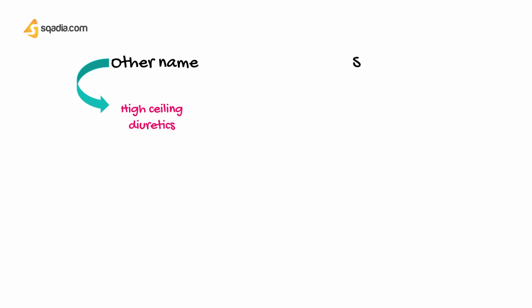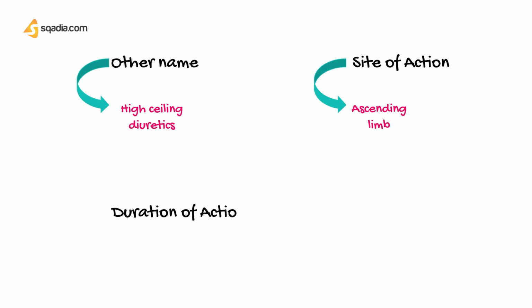Next comes their site of action. As the name indicates, they are acting on the loop of Henle, but more precisely, they will act on the ascending limb of loop of Henle. Next comes the duration of action, and this is again important because it is relatively shorter compared to thiazide group and it ranges from 2 to 4 hours.